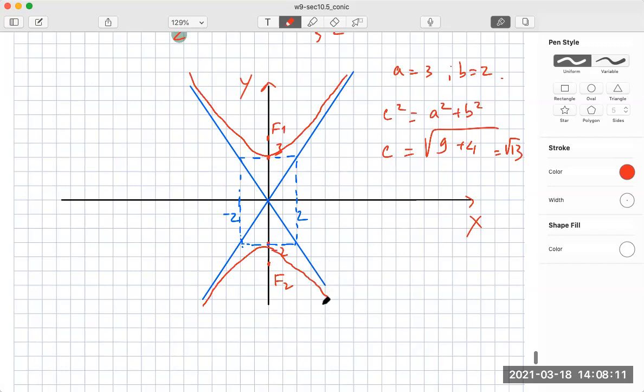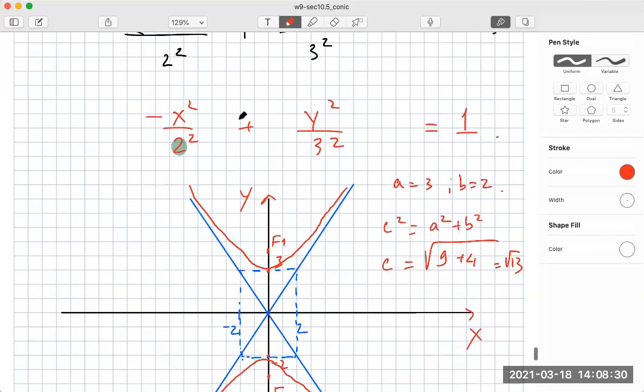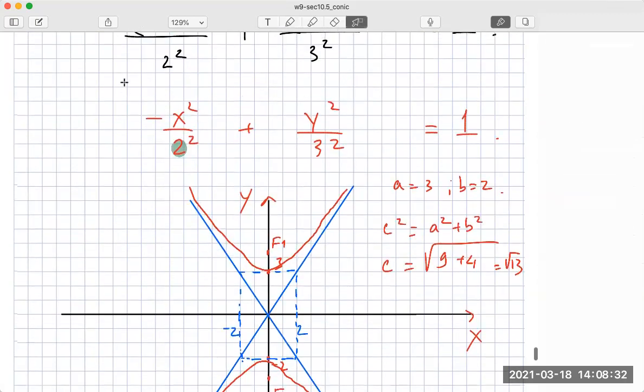Are we good? But this is the graph of the equation here, right?